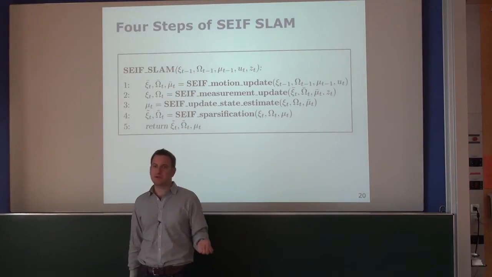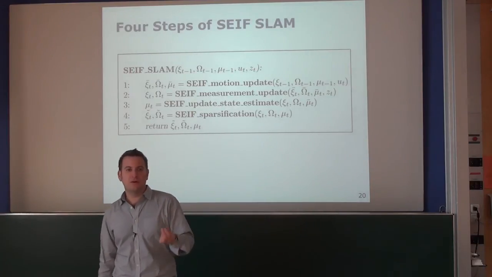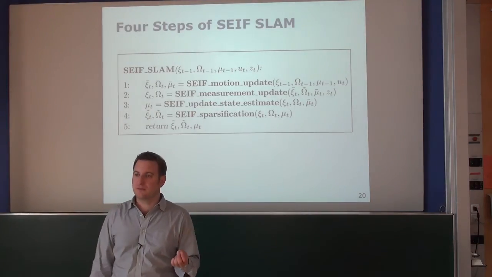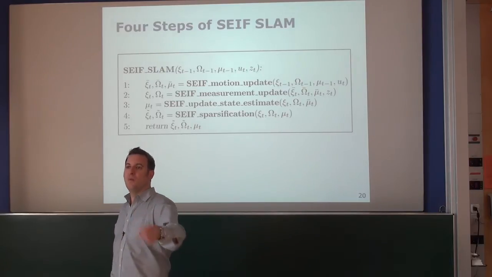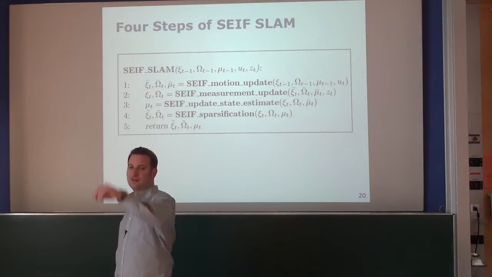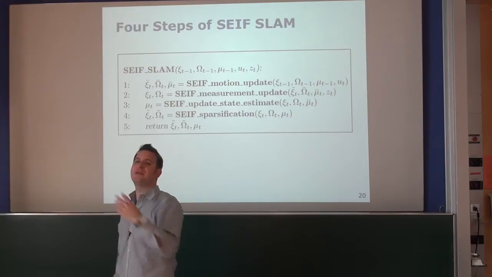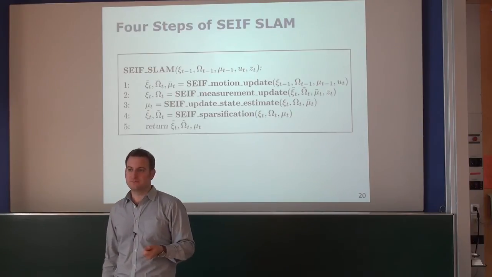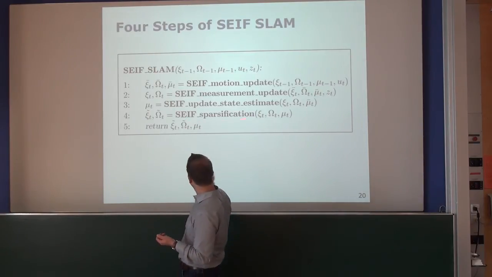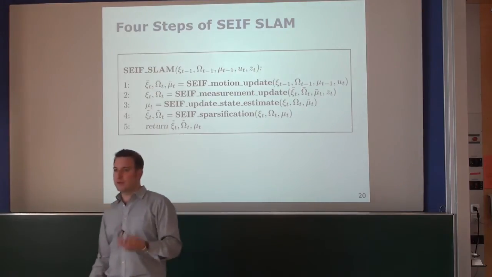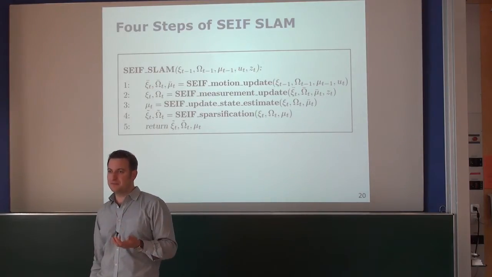In order to compute a predicted measurement, I need to know certain elements of my state vector. In order to compute where the robot is right now, where the landmark is according to my estimate, in order to predict what the robot is going to observe. And also, as we will see, the sparsification step will require a mean estimate.